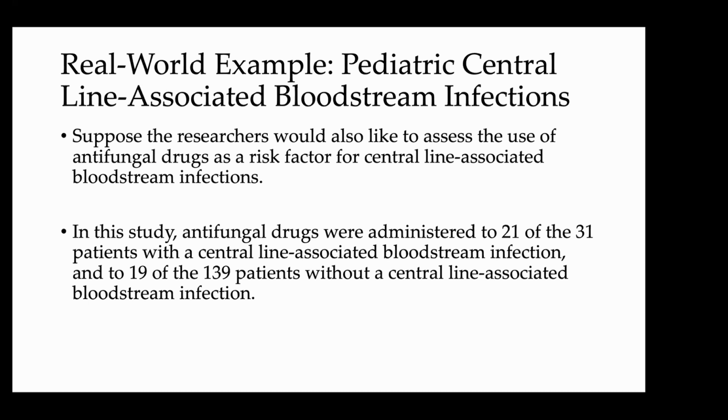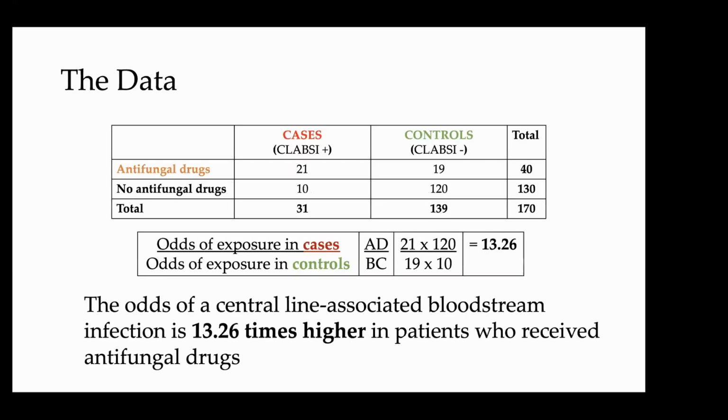So we can reconstruct our 2x2 table. Once again, we're just changing out our exposure variable right here. And we can recalculate our odds ratio, which is 13.26, much higher than the odds ratio that we calculated before. What this is telling us is that the odds of these bloodstream infections is 13.26 times higher in the patients who receive an antifungal drug.